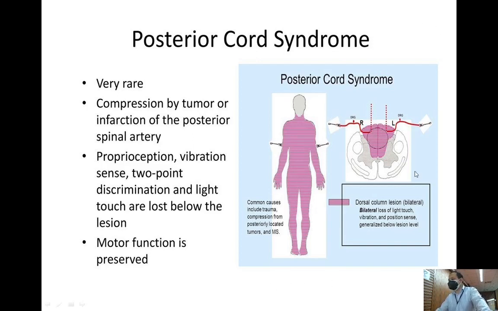Motor function is preserved, because the white matter carrying the motor tracts and the horn gray matter are preserved. The cause can be many: injury, compression, or a space occupying lesion.